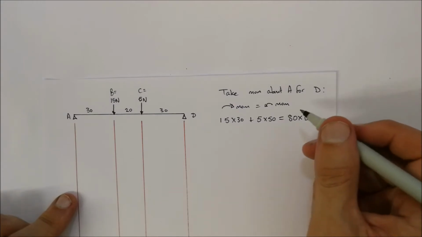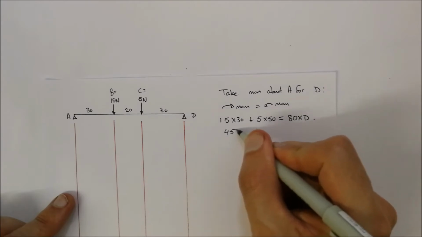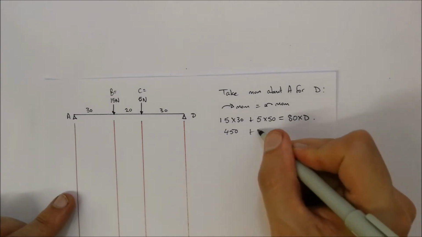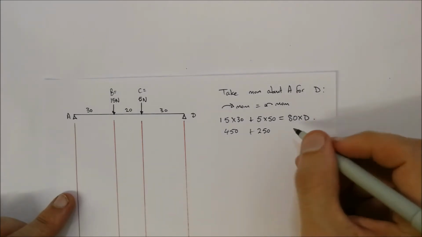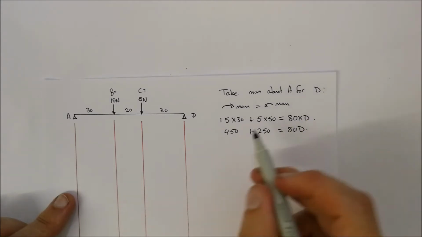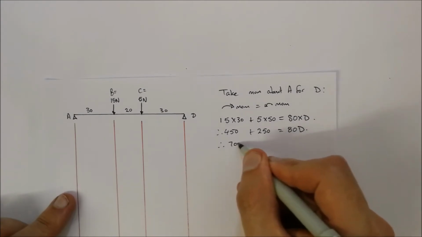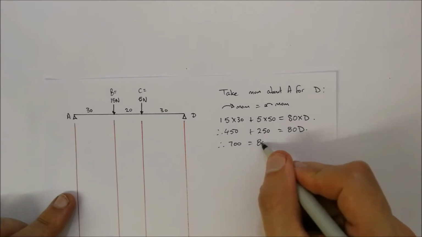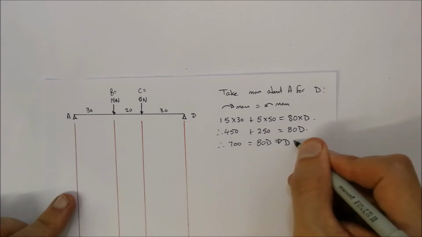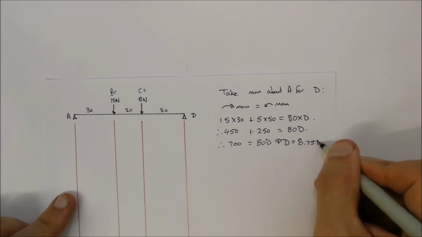Okay, so let's calculate it. 50 times 30 is equal to 1500. 5 times 50 is equal to 250. And that's equal to 80 D. So 1500 plus 250 is 1750, therefore 1750 is equal to 80 D. That implies that D is equal to 8.75 newtons.